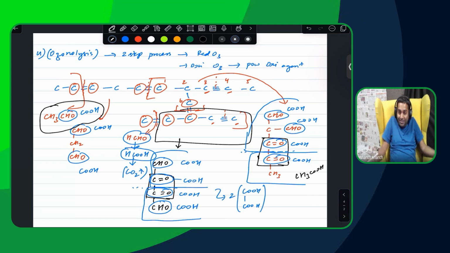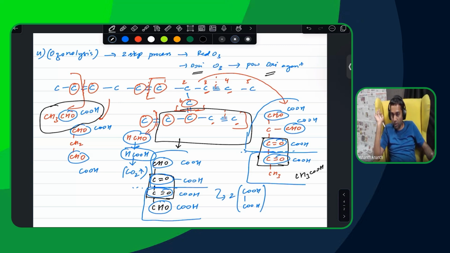So yes, complicated, irritating. The idea here is when you have a large molecule and oxidative ozonolysis is being performed, the idea is very simple. Think of it as purely concentrated KMnO4. What will be the product of concentrated KMnO4? Put that down. As simple as that.